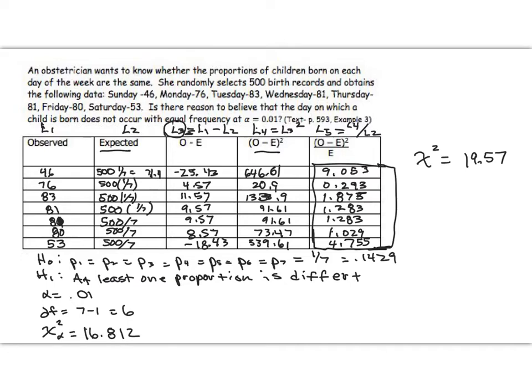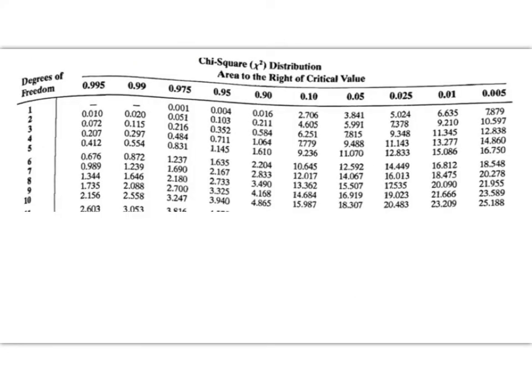At least one of our proportions is different. It will be in your textbook. There is in with the other tables a chi-square distribution table. So I've put in a clip of that, and we have 6 degrees of freedom, looking up the degrees of freedom.